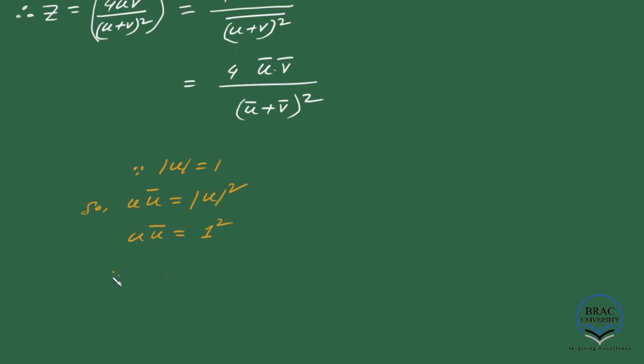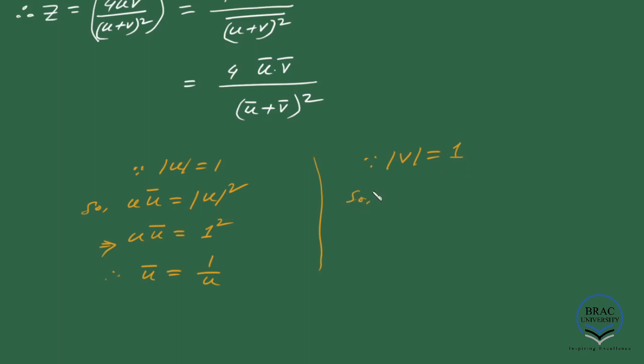So from here, I can write that the conjugate of u is going to be 1 over u, right? Similarly, in our problem it was given that the magnitude of v is also equal to 1.